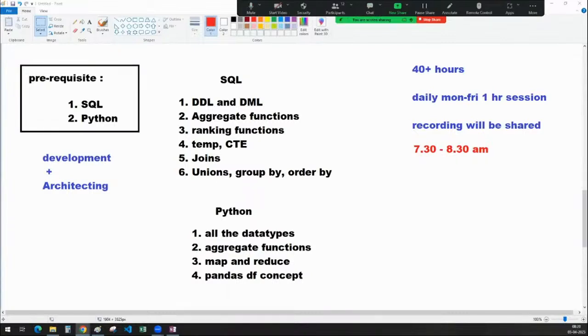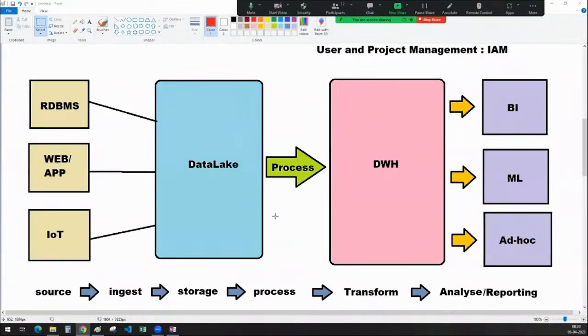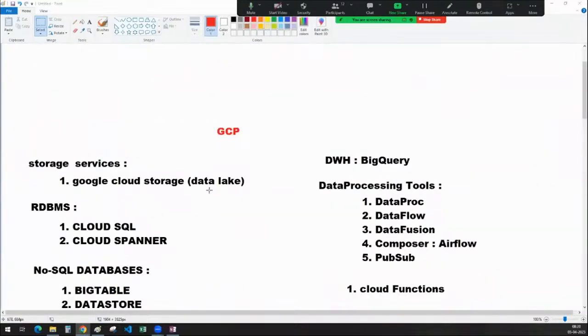From tomorrow onwards, we will be having the initial classes, guys. Today is a demo class, right? Yesterday we had a workshop, and today we are having the first demo. In this first demo, I'm telling you all the things that we are going to cover in our sessions. Tomorrow, I am going to start with Google Cloud Storage.